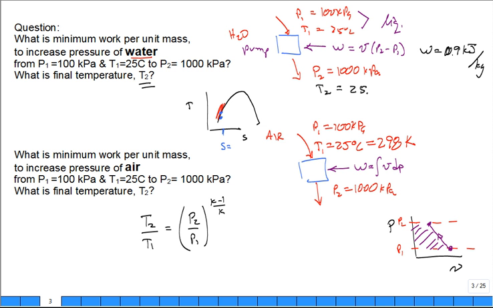So we can calculate the temperature at 2 first. We'll actually answer this question first. So the temperature at 2 is 298 times (1,000 divided by 100) to the (1.4 minus 1) divided by 1.4. And when you run that number, you calculate a temperature of 575 Kelvin.